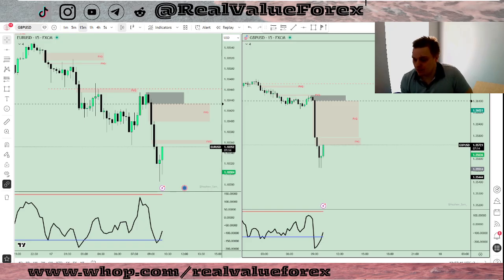Yesterday GBP showed us we just swept the daily high and went about 70 pips lower from there. So backtesting is really, really important. That way you train your eyes to see what you need to see.